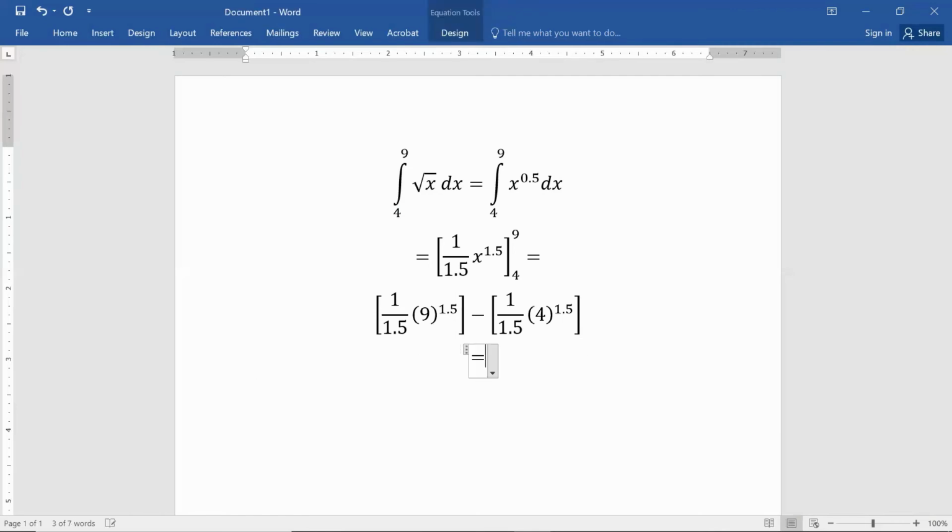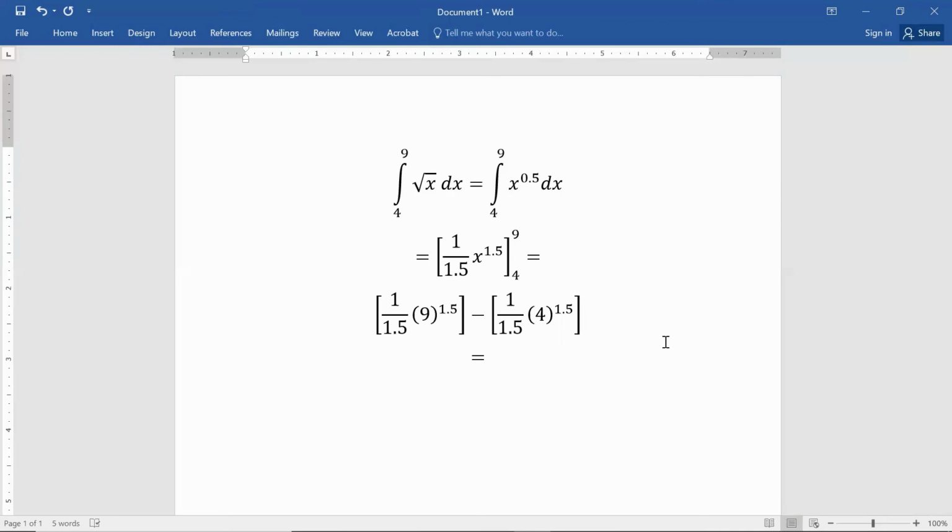I'm going to type this into my calculator all in one step: 1 divided by 1.5 multiplied times 9 to the 1.5 power, and then subtract 1 divided by 1.5 times 4 to the 1.5 power.